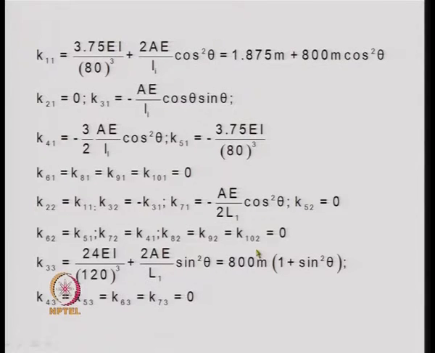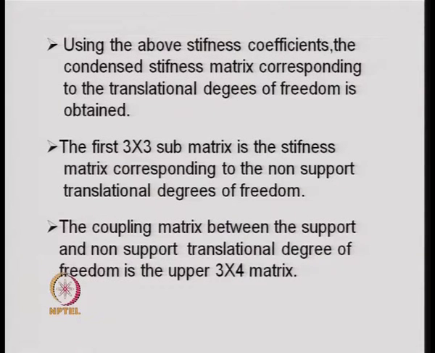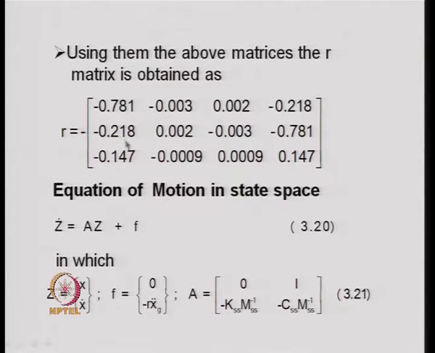So, in this way we constructed the R matrix for this problem, and the details are given here. That means, element by element we generated the different quantities and then assembled them into this 10 by 10 stiffness matrix, and after that we condensed them to the translational degrees of freedom, and from that we took out the 3 by 3 submatrix corresponding to the non-support degrees of freedom and obtained the R matrix, and the resulting R matrix was this.